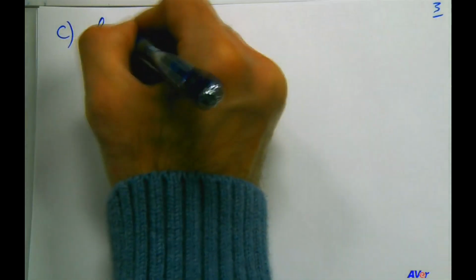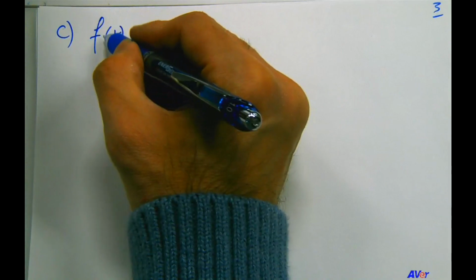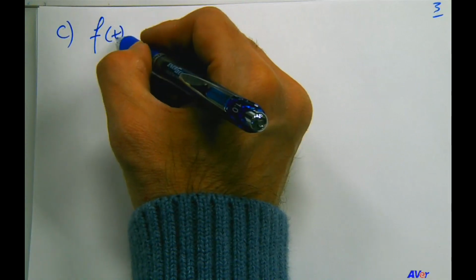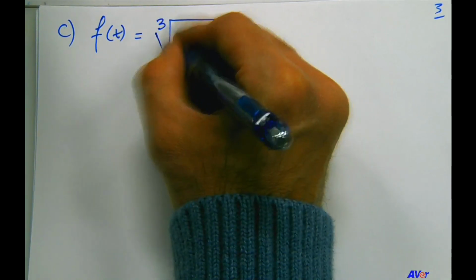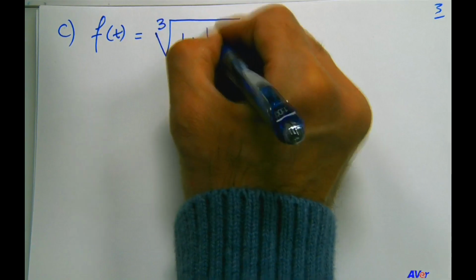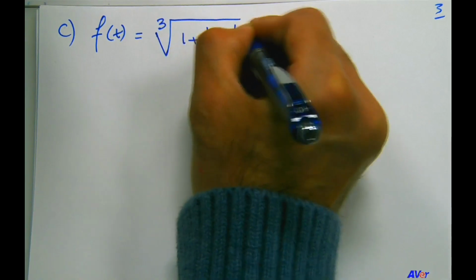Okay, so let's see more examples of these. So suppose we want to find the derivative of this function with respect to t, which is equal to third root of, or cube root of, 1 plus tangent of t.